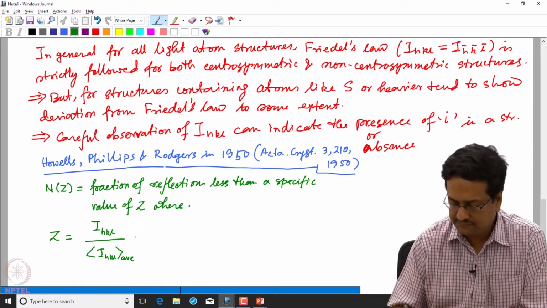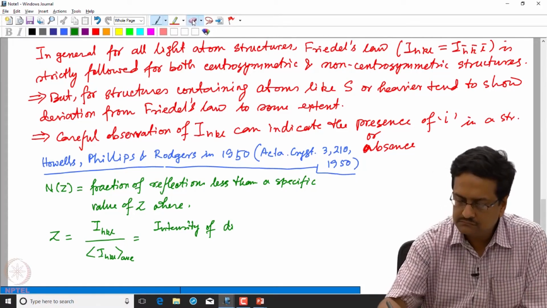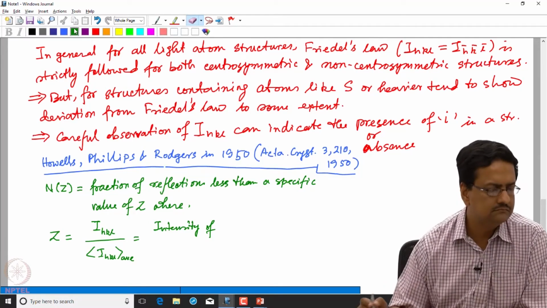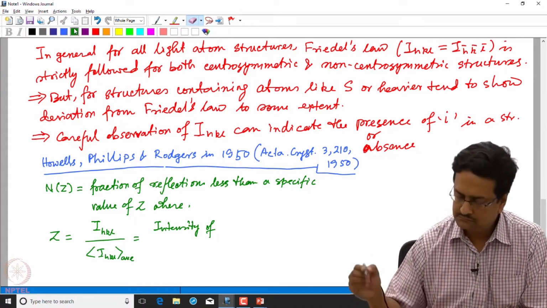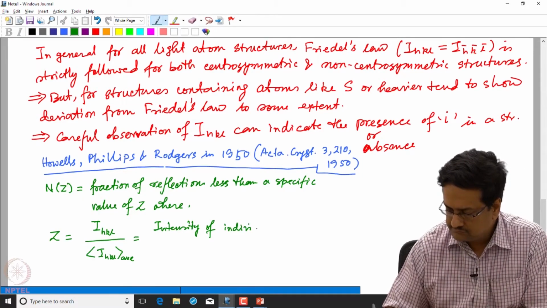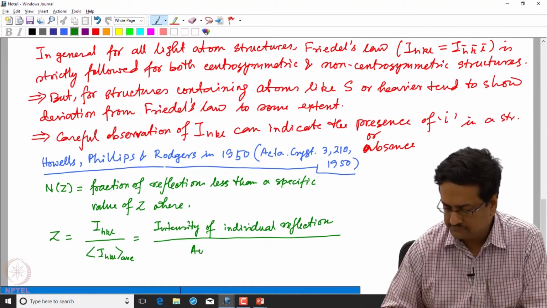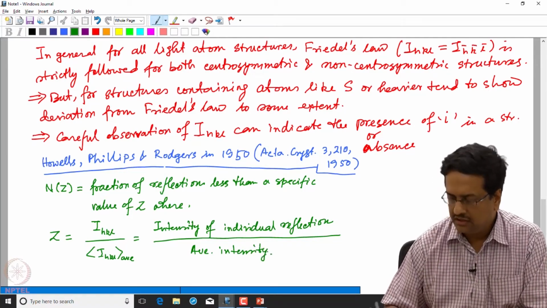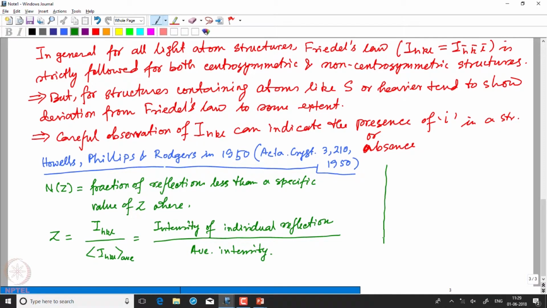It is the ratio of the intensity of individual reflections by the average intensity, and then they propose to plot these two quantities against each other, where one is plotting Z along the x-axis and the corresponding Nz along the y-axis.